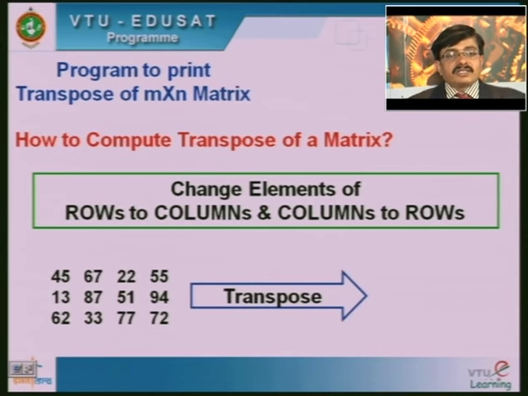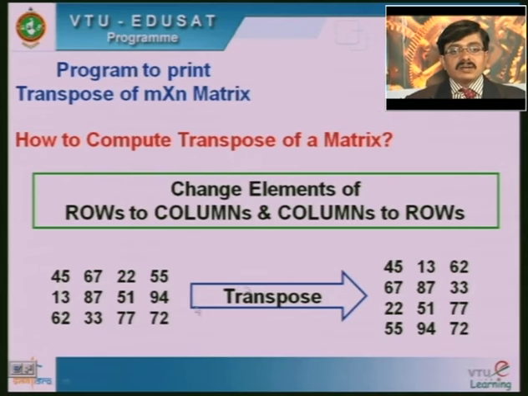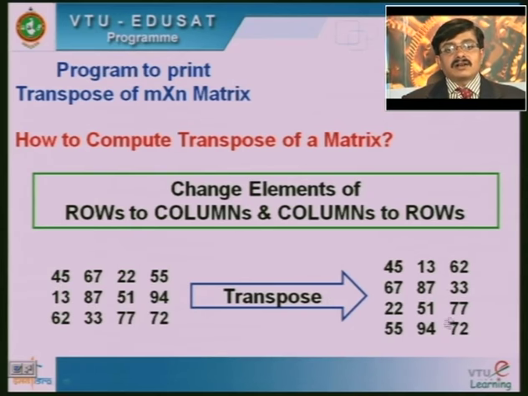So the transpose of this matrix will have 45, 67, 22, 55, the row elements, acting as column elements. The 0th row becomes the 0th column, the first row becomes the first column, and the second row becomes the second column. Thus, the size order of the matrix is also reversed. Here it is a 3 cross 4, now it has become 4 cross 3.